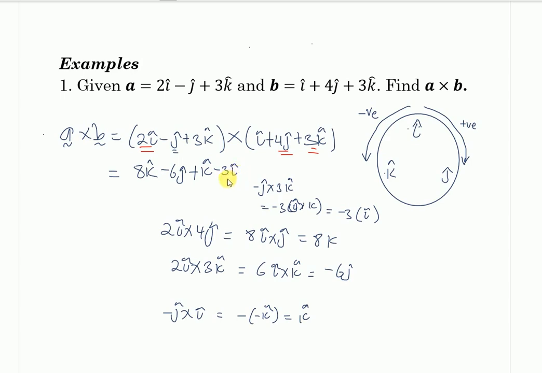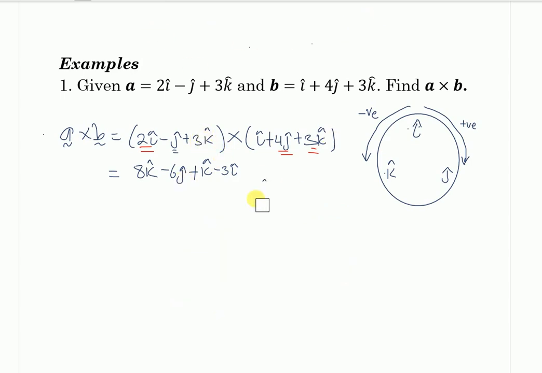Then after that we have 3k crossed with i. This one is 3 times k cross i, and k cross i is j.